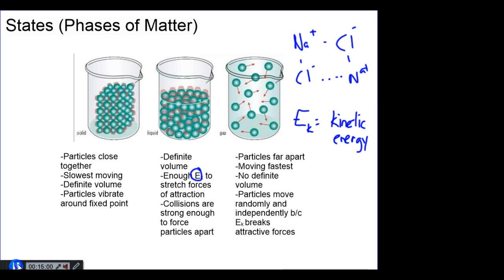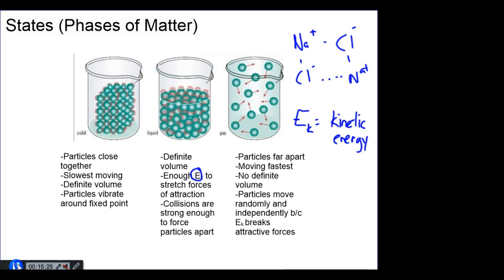If I feel these containers, they have different amounts of kinetic energy. The particles in this one are moving faster, so it feels hot. The particles in this one are moving slower, and that's why it feels cold.